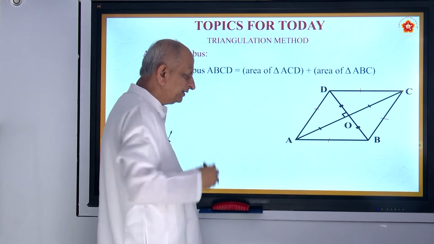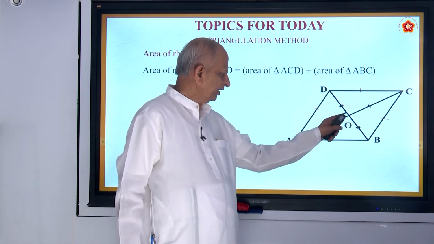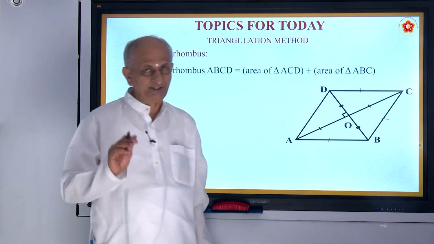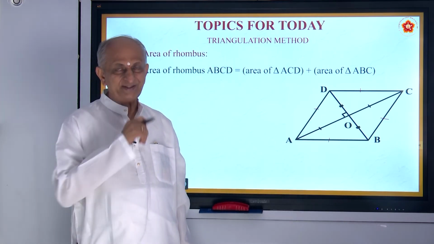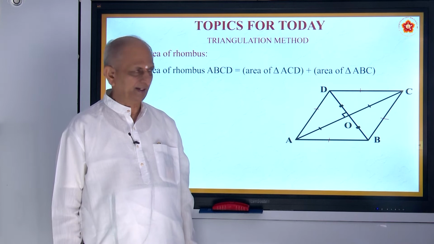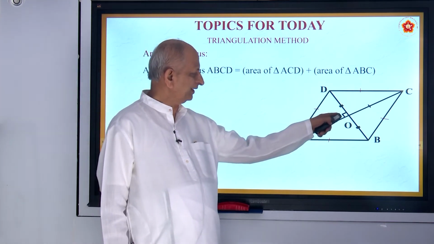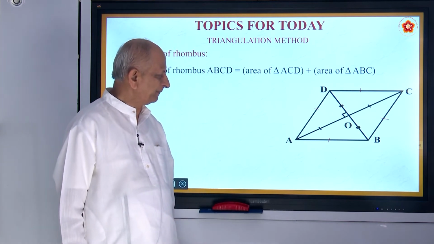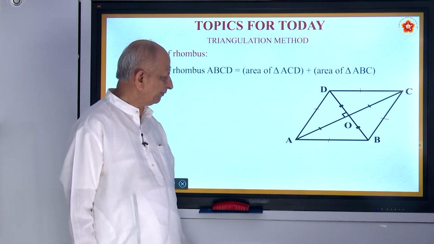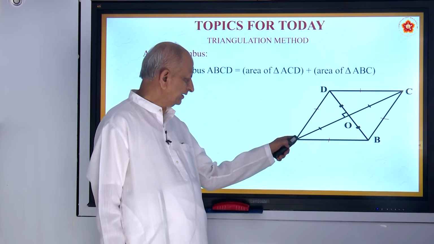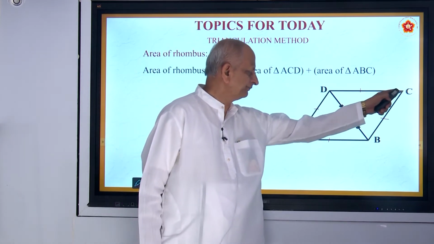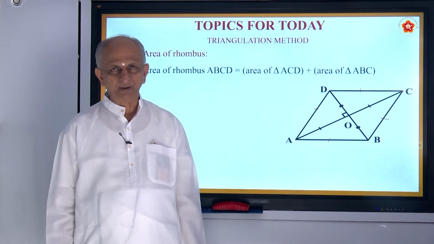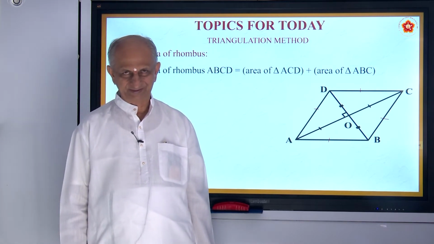What do you mean by that? Means AO is equal to OC, BO is equal to OD, but they are not equal to each other. They bisect at right angles. Correct? Means this angle will be 90 degrees all over. That is another property of rhombus. And about angles, angle A is equal to angle C, angle B is equal to angle D. These are the properties of rhombus.